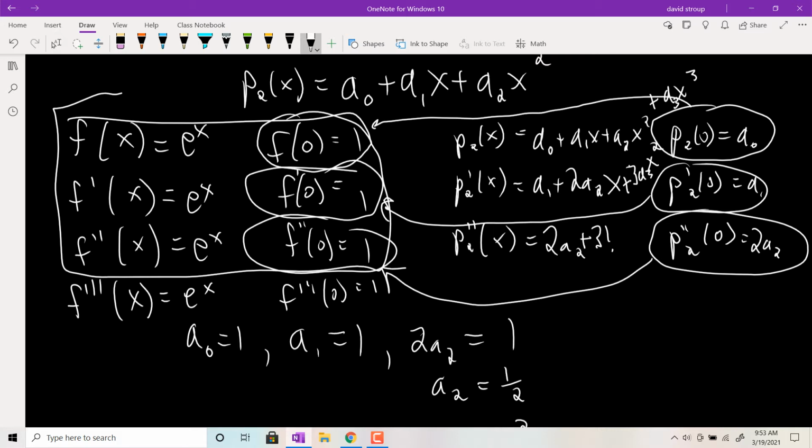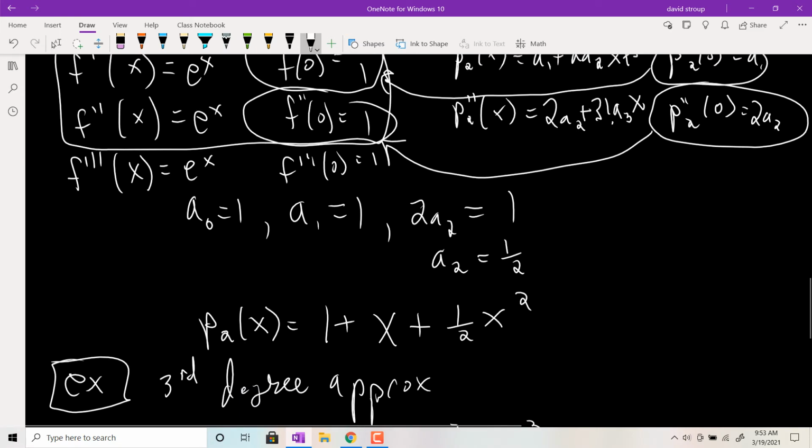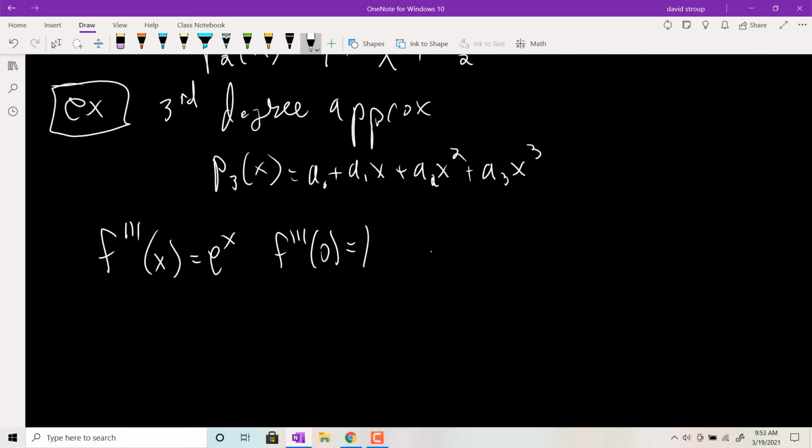Okay, so this will be 3 factorial a sub 3 x. And then the last derivative, p sub 3 triple prime of x, will just end up being 3 factorial a sub 3.